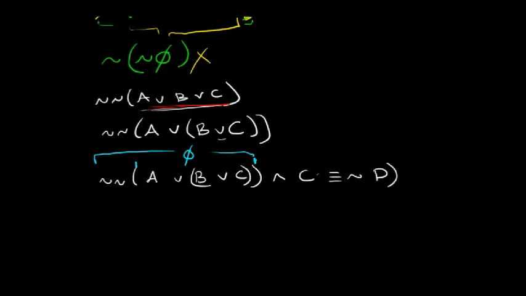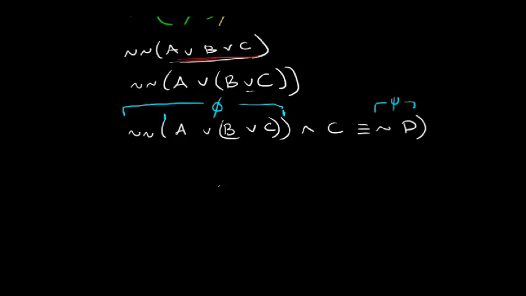So let's allow that to be phi. C is an atomic formula, so we'll just leave that as it is. Not D, let's allow that to be psi. What we would have, if we wrote that out with those variables, is phi and C if and only if psi.